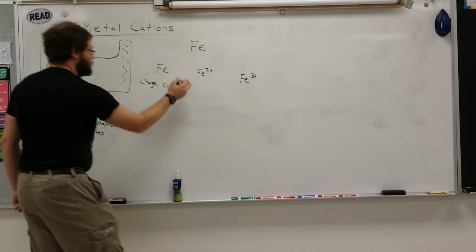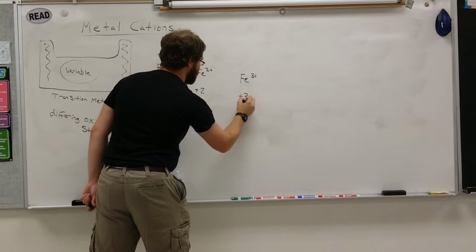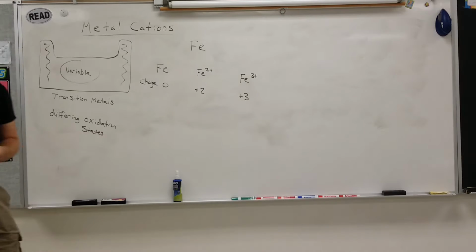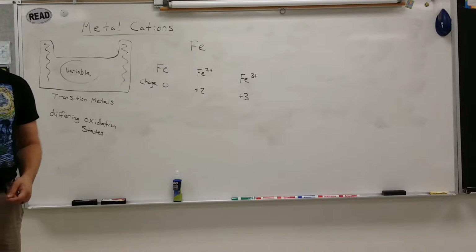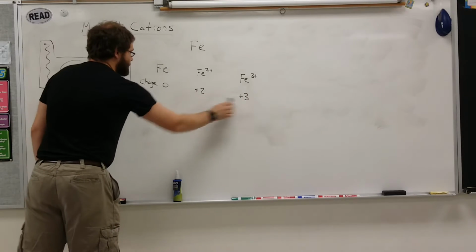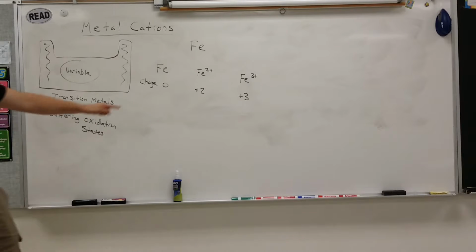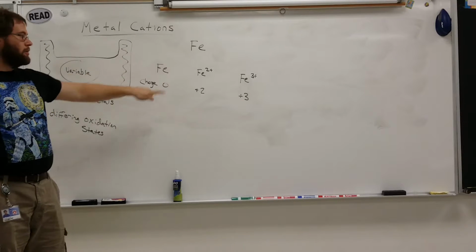In this case, the charge is +2. In 3, it's +3. And this has to do with which electrons it decides to give up, because iron has a choice. It can give up a certain set of electrons, or it can give up a different set of electrons, and that changes which oxidation state it's in. And these 3 oxidation states can all be found on the planet. There's regular old iron you can find in the ground.